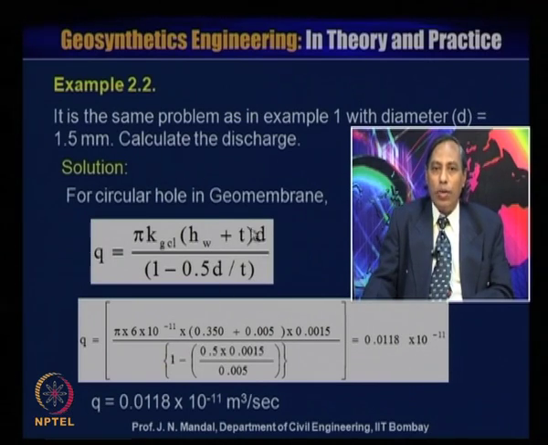So D will be 1.5 millimeter, you substitute 0.0015, and the others remain constant. Then you can see that the Q value will be equal to 0.0118 into 10 to the power minus 11 meter cube per second.